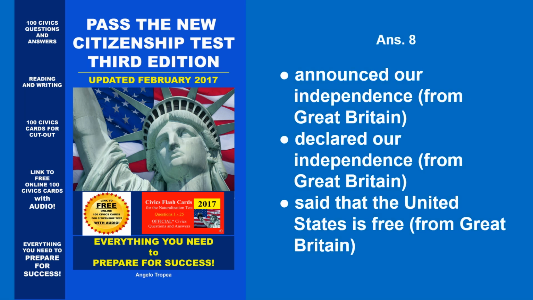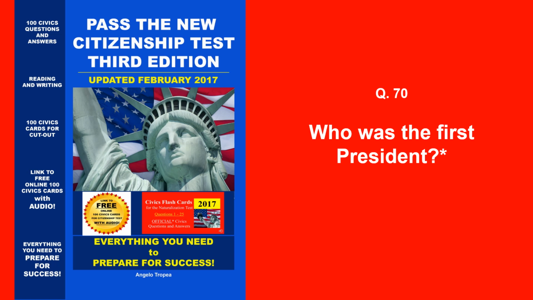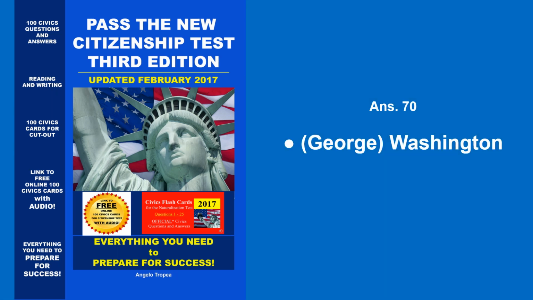Announced our independence from Great Britain, declared our independence from Great Britain, and said that the United States is free from Great Britain. Who was the first president? George Washington.